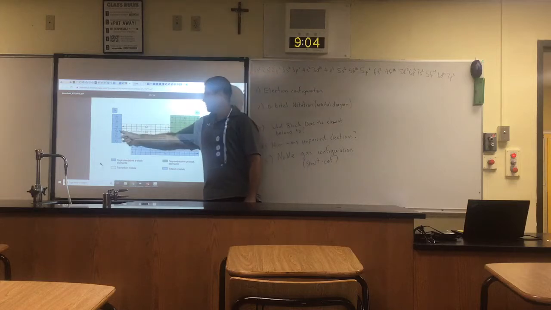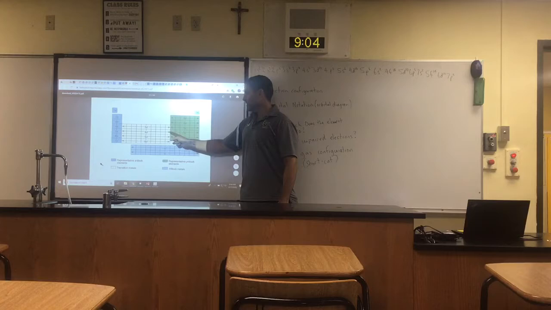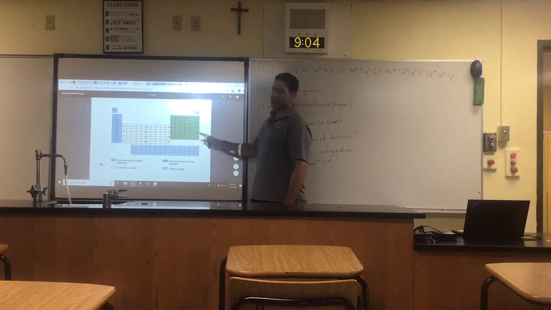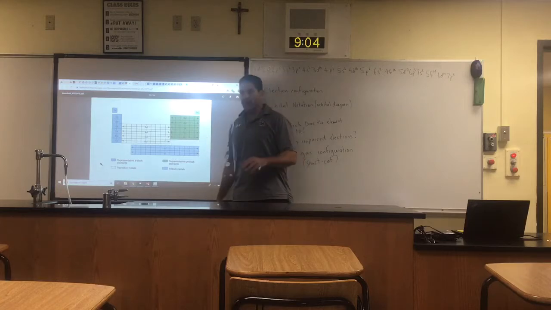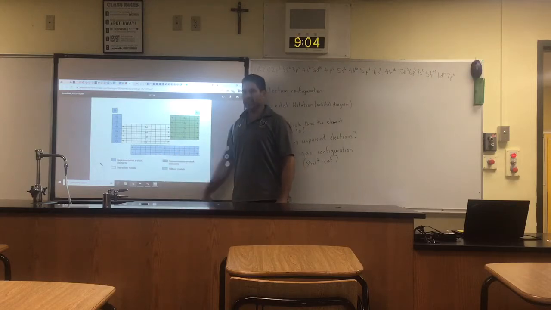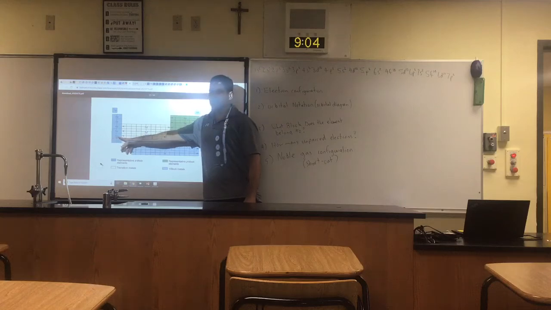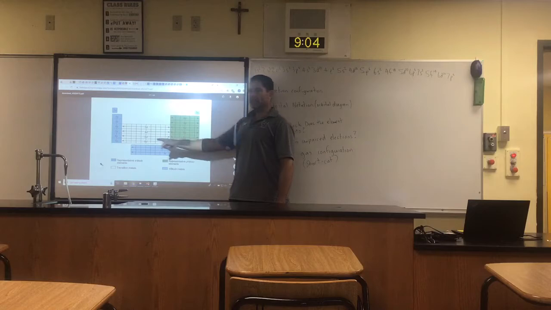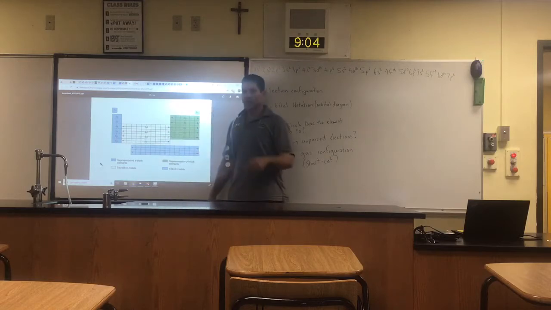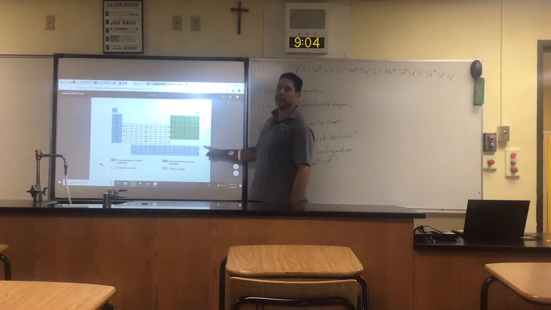So this is 3d10, followed by 4p6. Go to the next row. 5s2, followed by 4d10, followed by 5p6. Now, the last two rows, we have to incorporate the lanthanide and actinide series. So when you start off, it's 6s2, but then you've got to remember the lanthanide series belongs in that box. So after 6s2, you'll notice it'll be 4f14.